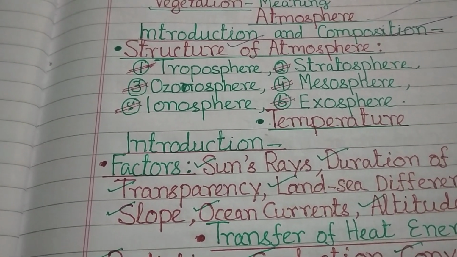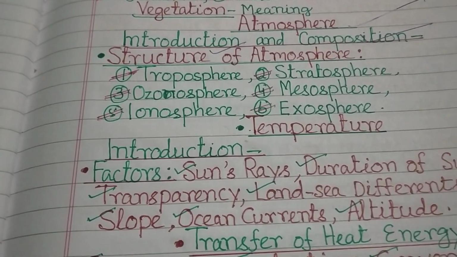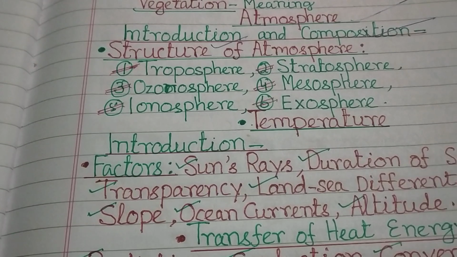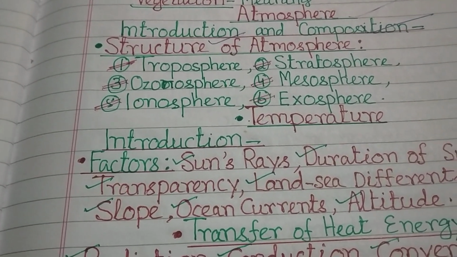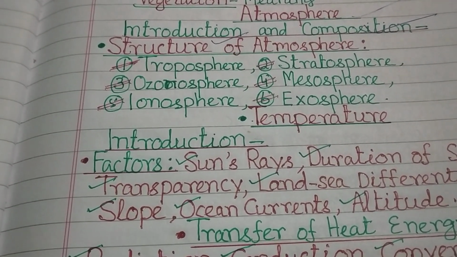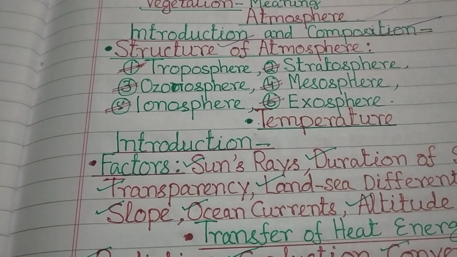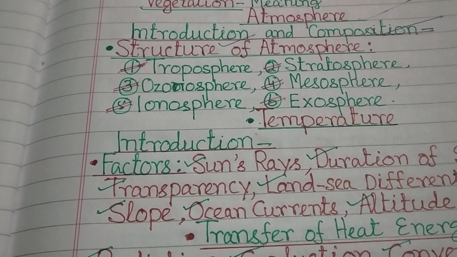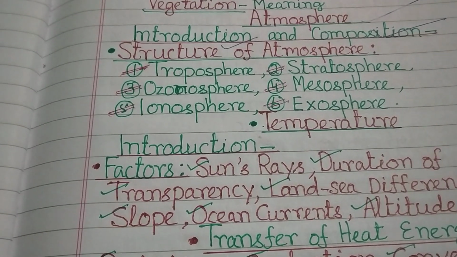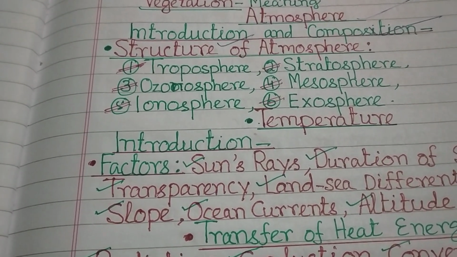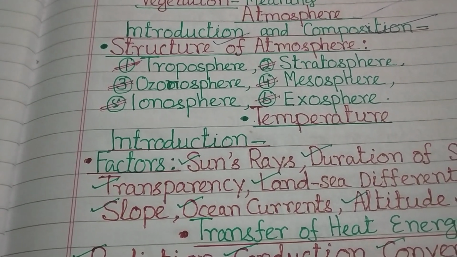This pressure is called atmospheric pressure. Atmospheric pressure is the most important climatic element. The atmospheric pressure at sea level is about 1034 grams per square centimeter.